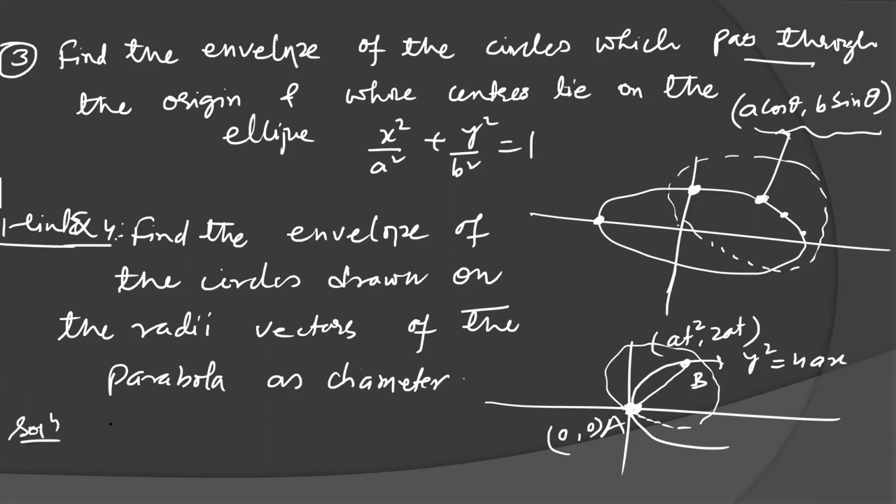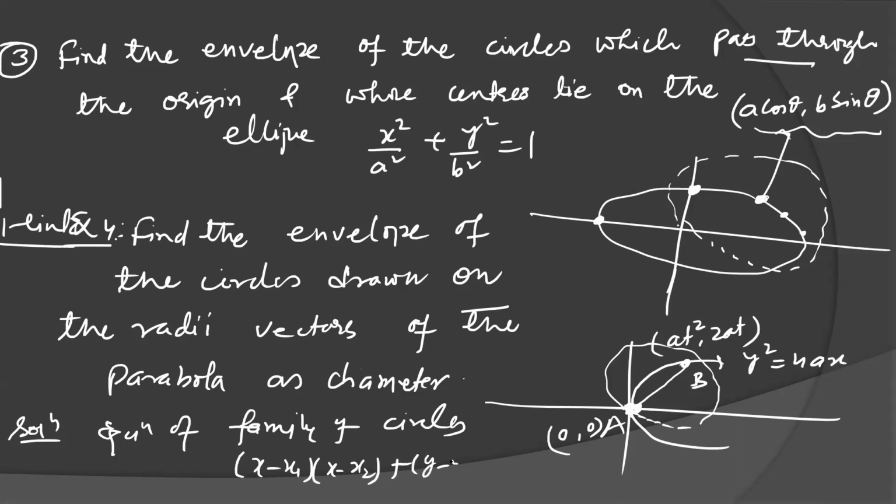So what will be the equation of circle? Family of circles will be x minus x1, x minus x2 plus y minus y1, y minus y2 equal to 0. x1, y1 is 0, 0, x2, y2 is at square, 2at. And t is parameter here. Remember, t is parameter. After putting the value in the equation of circle, you will get equation in t.